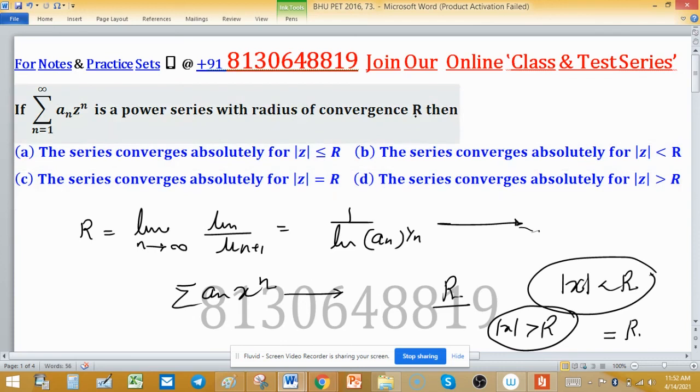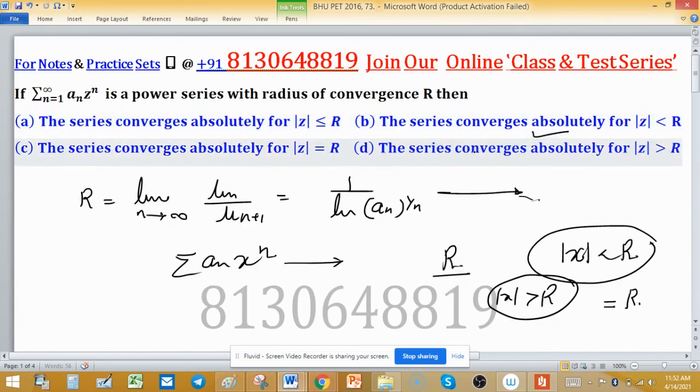So in option A, equality holds. At equality, both possibilities may occur, so we cannot include this option as a right choice. Option B is the correct one, so I ticked it.